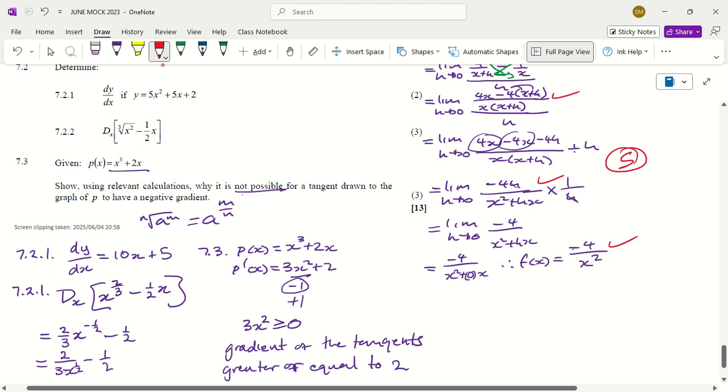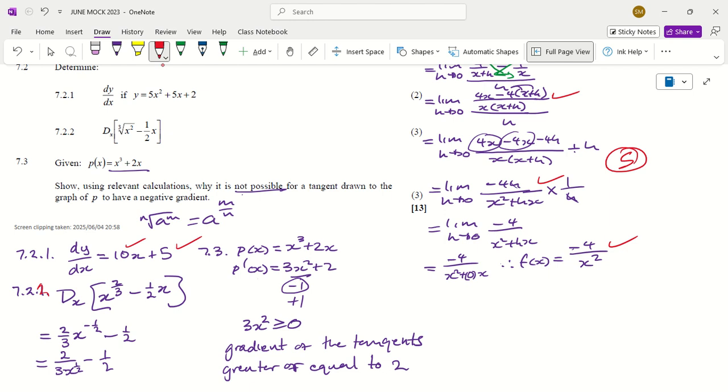Then for 7.2, 7.2.1, you get a mark for differentiating the first term, and differentiating the second term is another mark. So that's 2 marks.